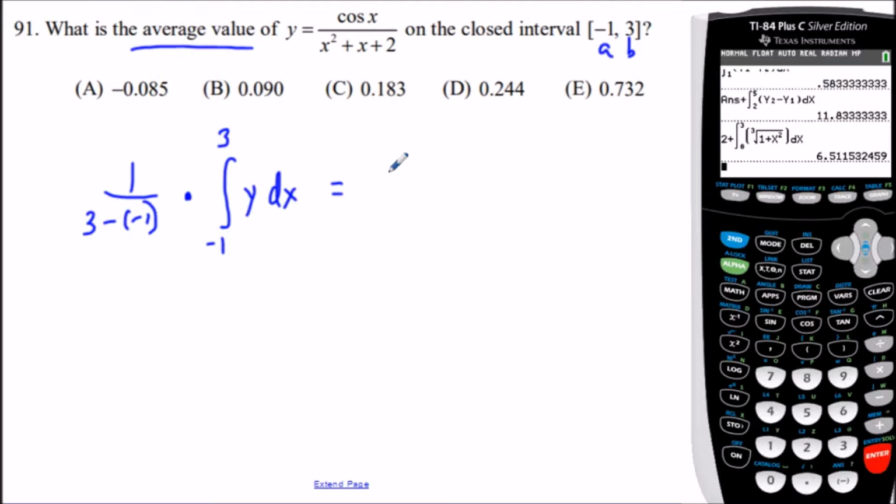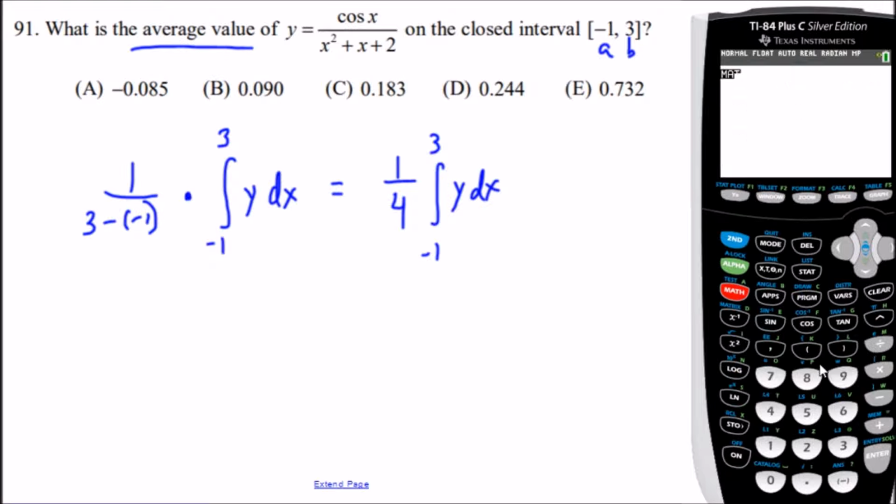So what we're really going to tell the calculator is 1/4 the integral from -1 to 3 of the function given to us. So 1/4, we could just write 0.25, and we're writing in math 9. And we're going from -1 up to 3. And that's a lot to write in the denominator. There's this way of writing fractions.